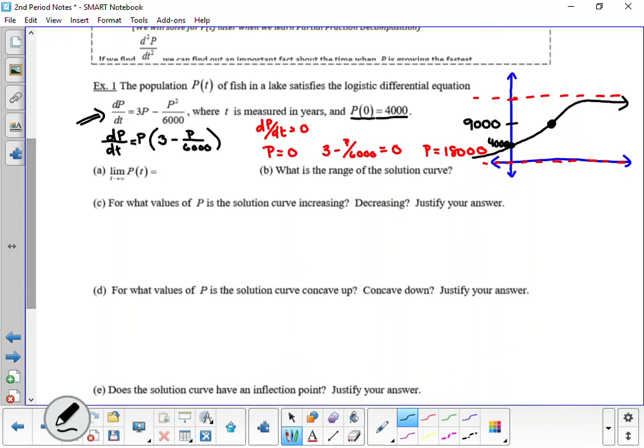So, what is my limit as t goes to infinity? So on this graph, as t goes to infinity, what y value am I approaching? Okay. What is the range of my solution curve? 4,000 to 18,000.